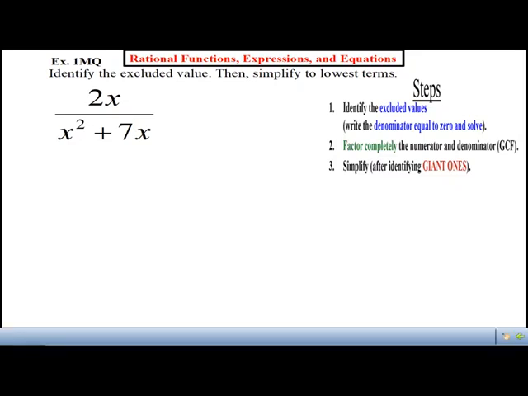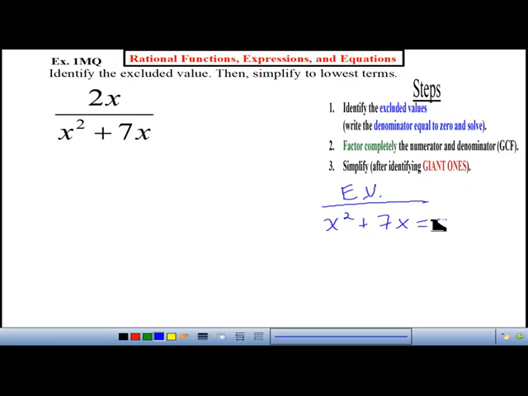All right, let's see what we got. First things first, excluded value. I got x squared plus 7x equal to 0. Continue from there, please. Avery, what do I write? You write x, parentheses, x plus 7. All right.